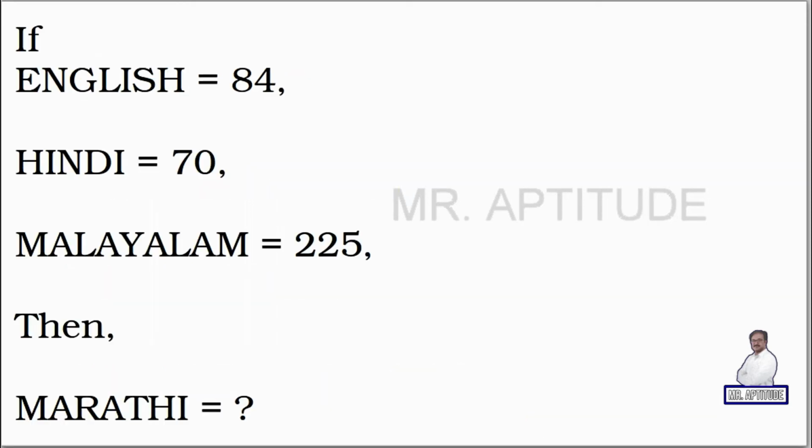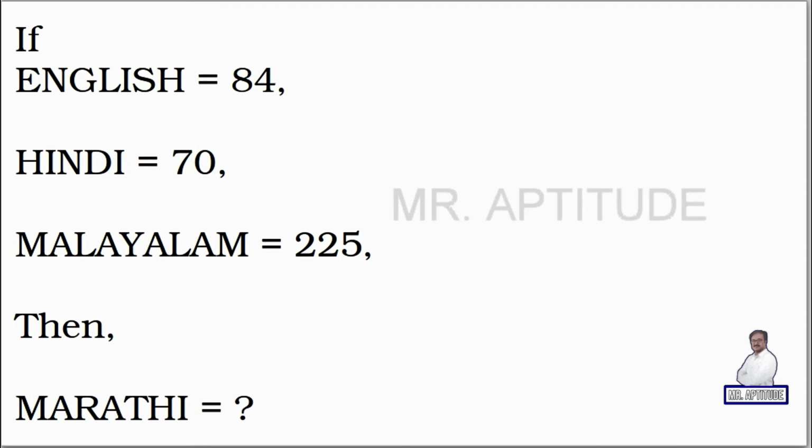Next one. If English equal to 84, Hindi equal to 70, Malayalam equal to 225, then Marathi equal to. Let us see now. Can we relate 84 with the number of letters present in the word English? How many letters do we have in the word English? 7.